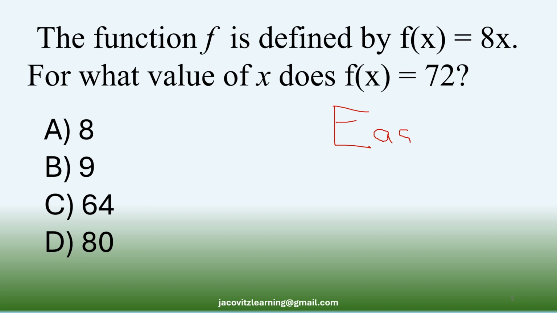F of x, as you learned in algebra, always replaces from the first equation to the second. So f of x equals 8x, and then this would be your second equation. And this sets you up for a lot of things.